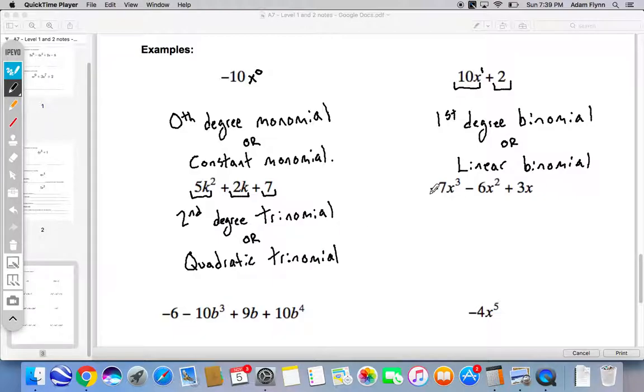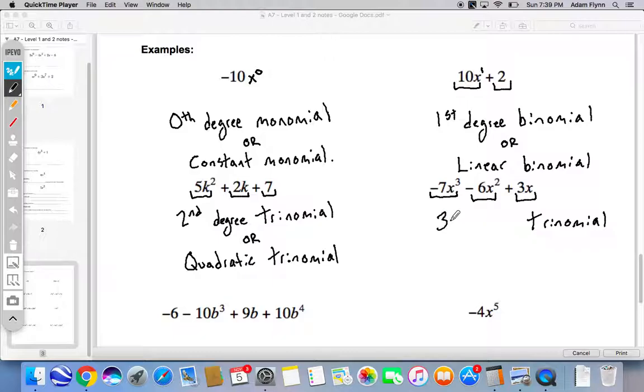All right, so if we go over to this one, we have -7x cubed minus 6x squared plus 3x. So 3 terms. Again, we have a trinomial. We take a look at our highest power. We have a 3 right there, a 2 right there, and a 1. So our highest power is 3.